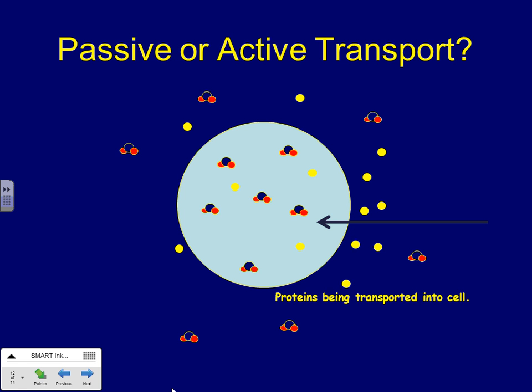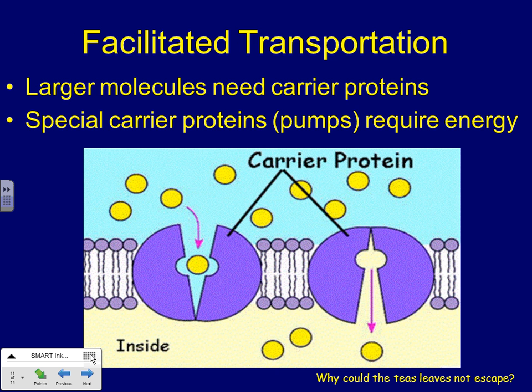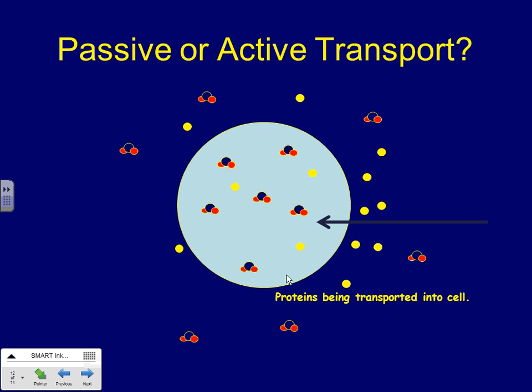These spheres are representing maybe big protein molecules, right? And the cell needs to bring the proteins in. So these are big protein molecules being transported into the cell.